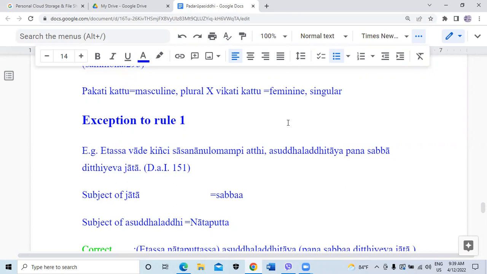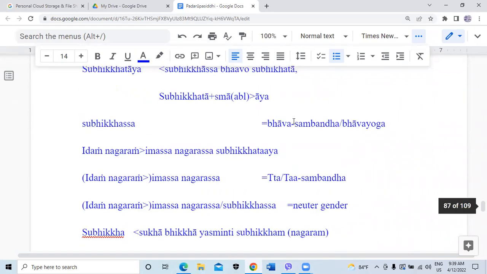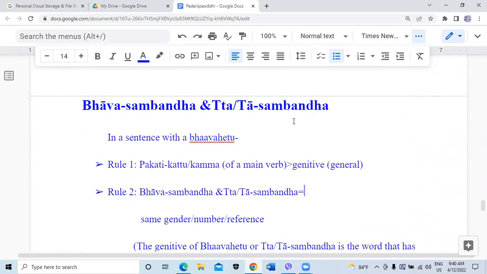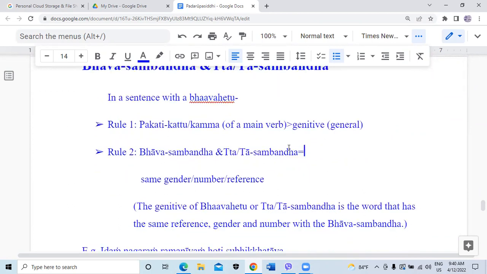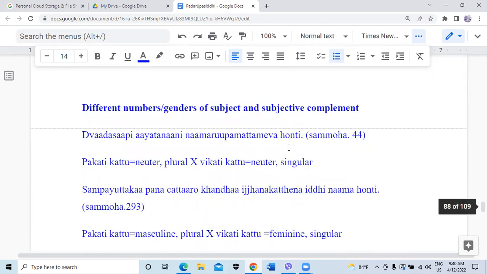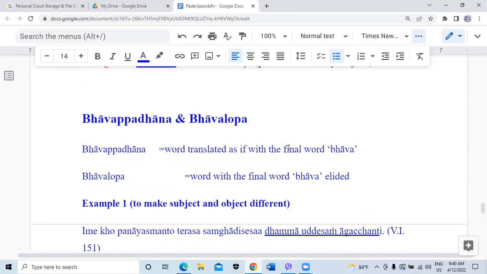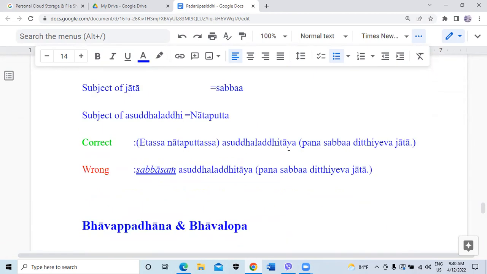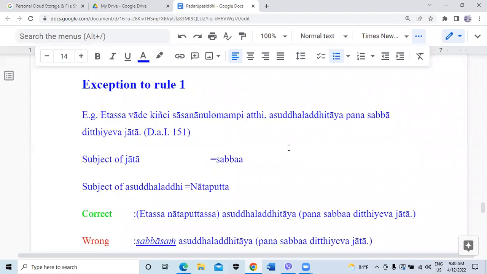Grammatically, because of the first rule, pakarika 2 and vigirika 2 must be bhava samanta, tata samanta. In this case, there is a different reference.